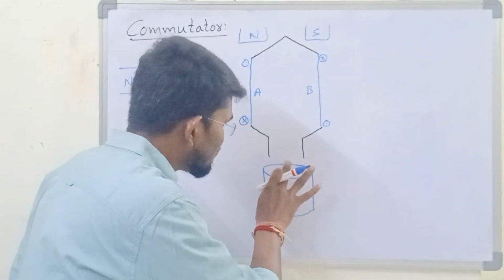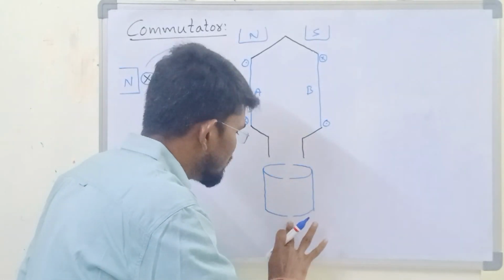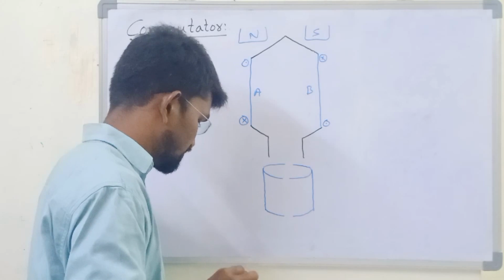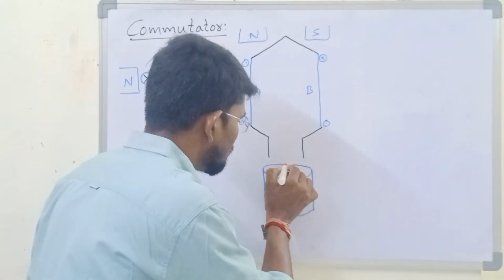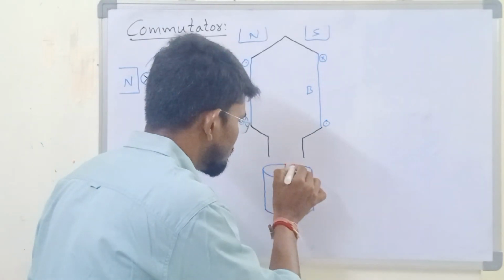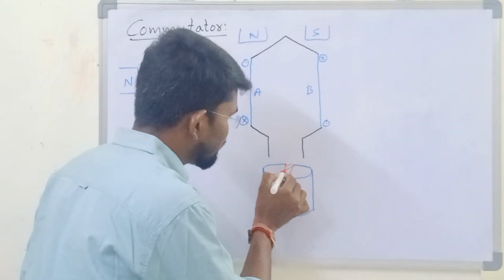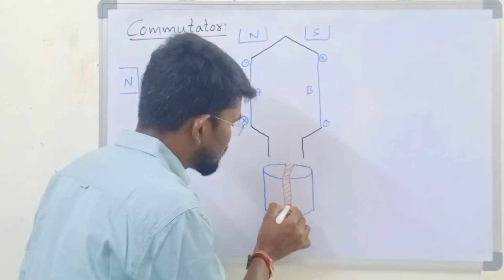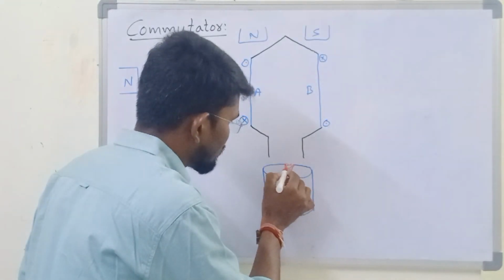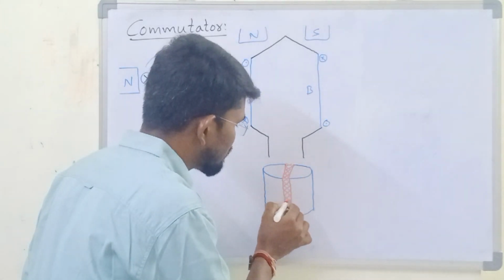This commutator is not a single device, it is divided into a number of segments. These segments are separated by a medium which is nothing but insulation, and we will learn why we are using this insulation here.